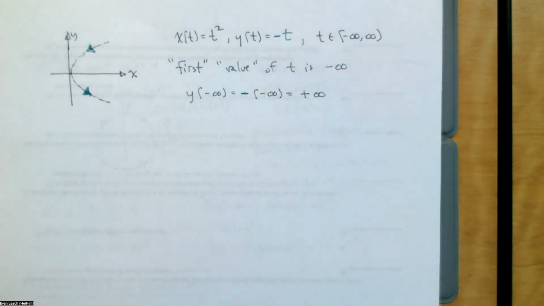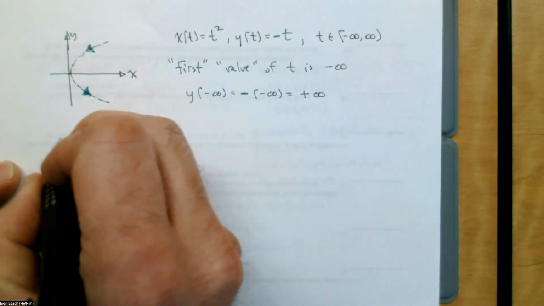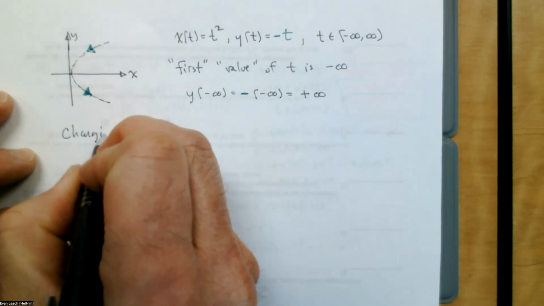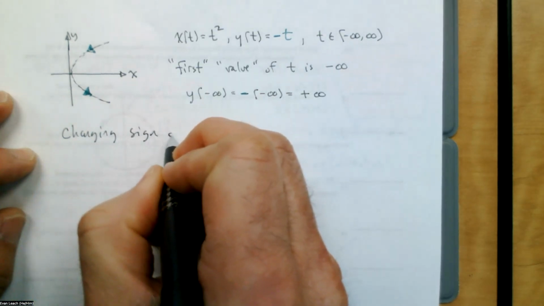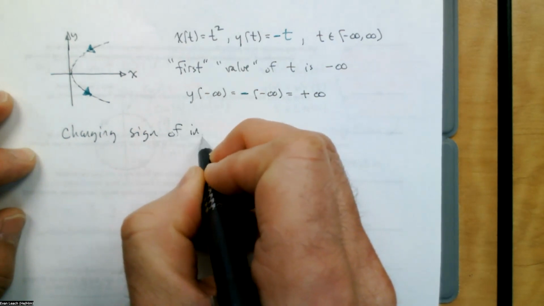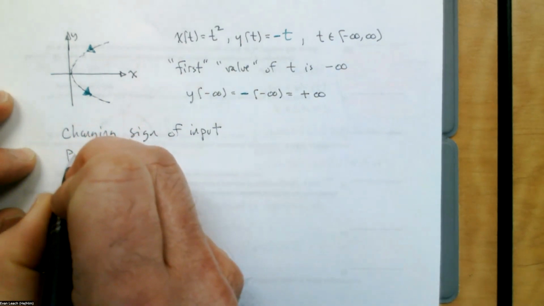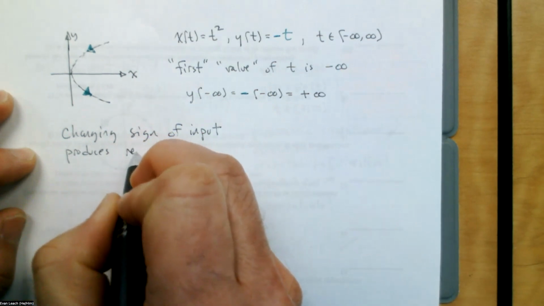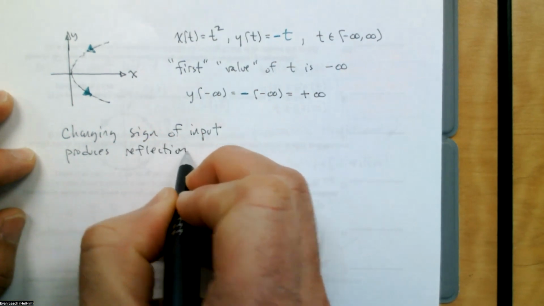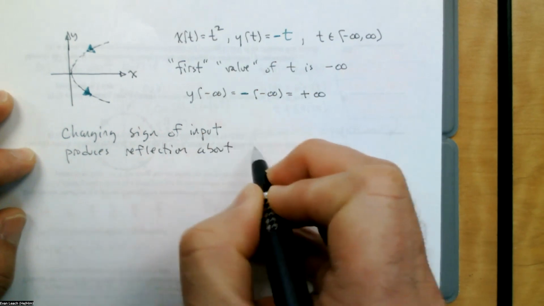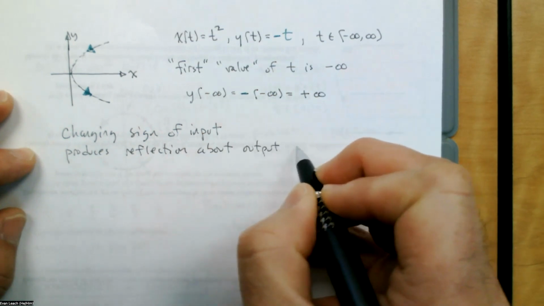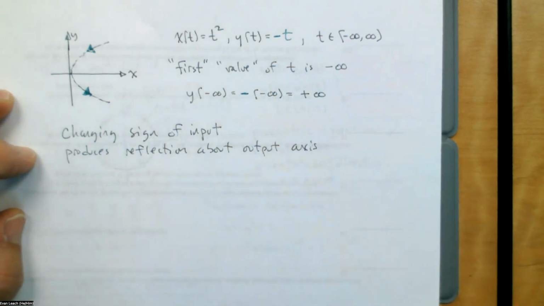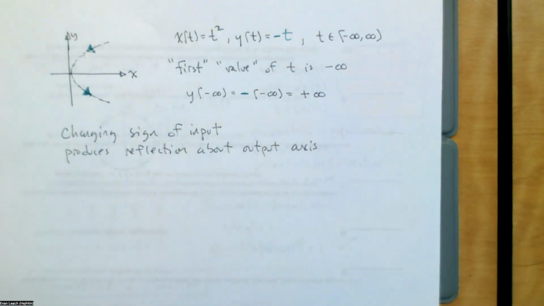Changing the sign of the input will produce a reflection about the output axis.